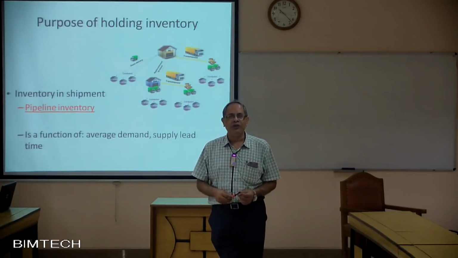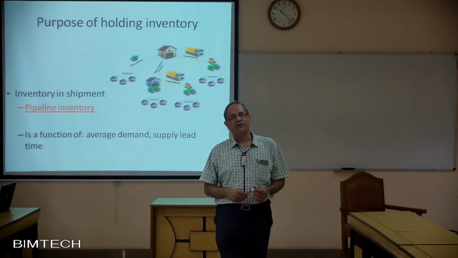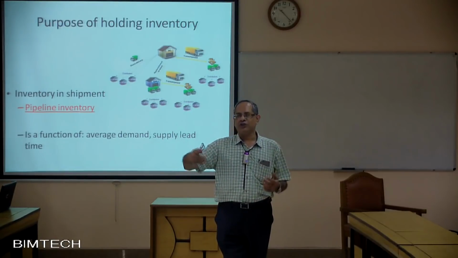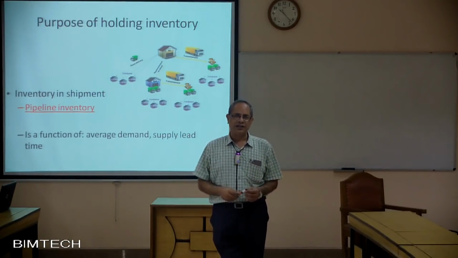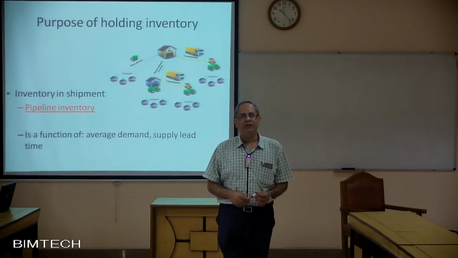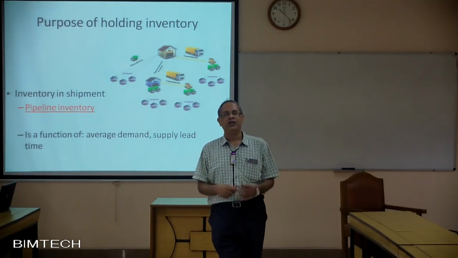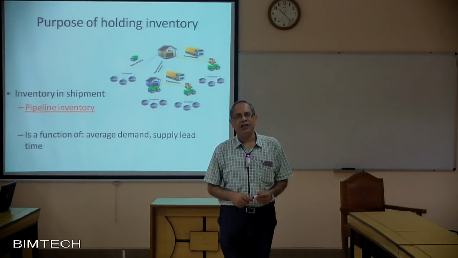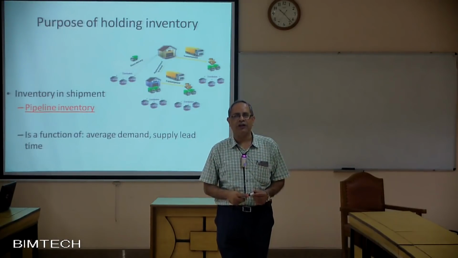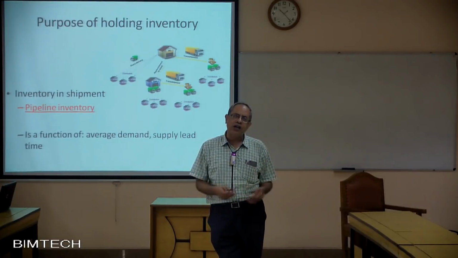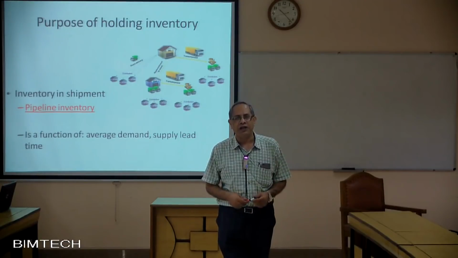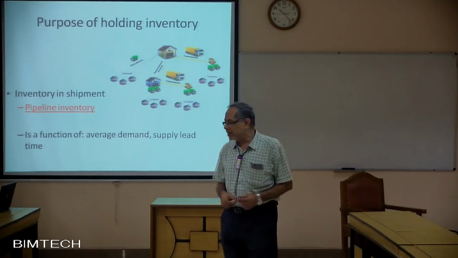For example, in India, with the implementation of the GST, a lot of these state-level entry barriers have been dismantled, and we are hoping that the flow of goods from point A to point B, especially if they lie in different states of the country, will be much smoother and much quicker, and hopefully, therefore, the overall pipeline inventory will go down.